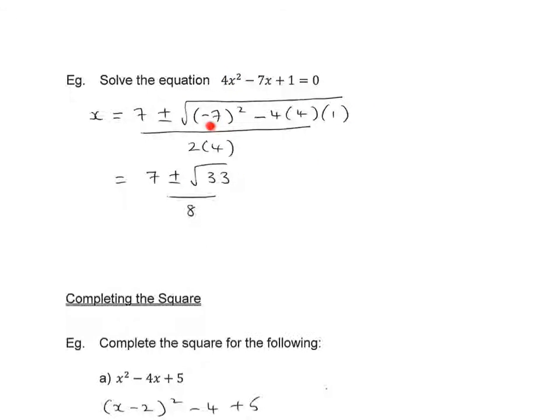Looking at your square root sign, minus 7 all squared is positive 49. 4 4s are 16, so 49 minus 16 gives me 33. 33 is a surd that cannot be simplified, so there's nothing more we can do with this answer. We leave it as 7 plus or minus root 33 over 8.